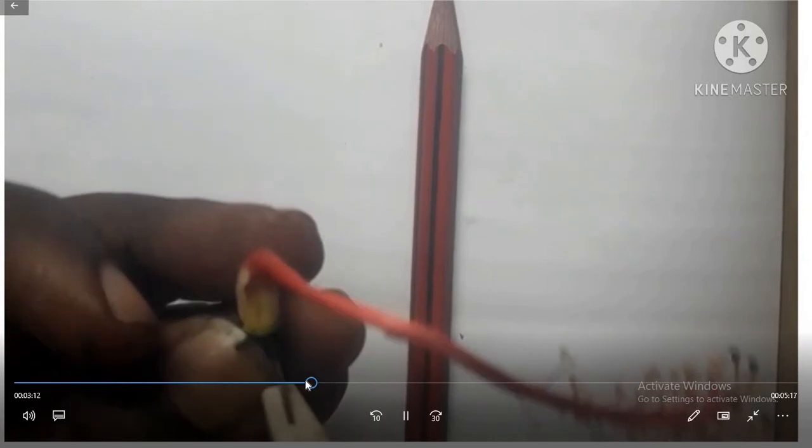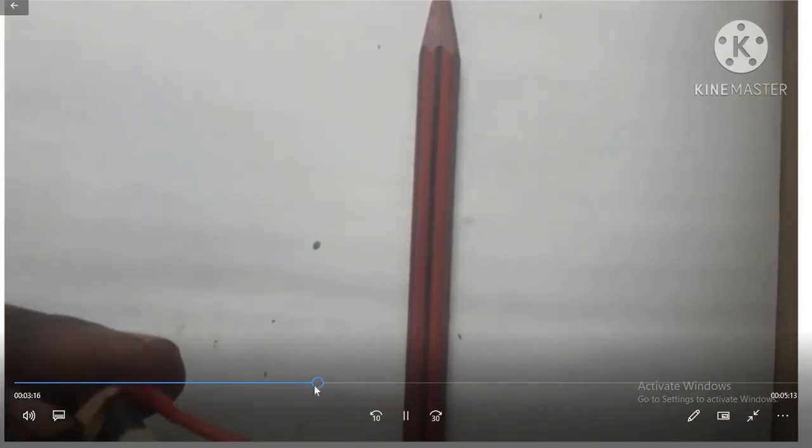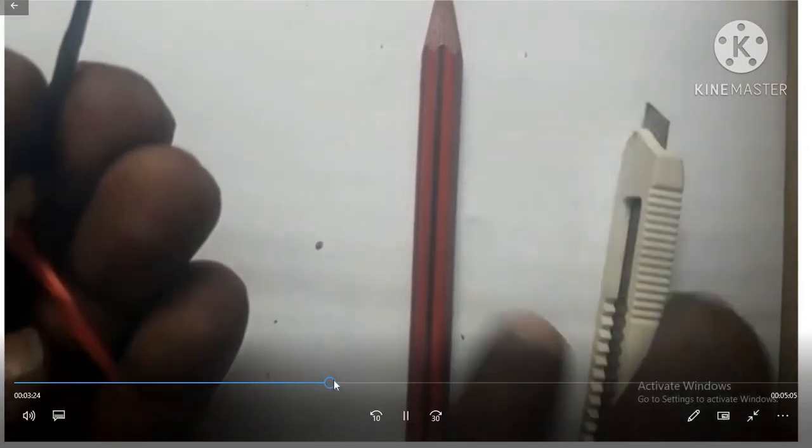Let me show you again. You can cut the ovary. Slit through it. And this is getting separated. So let me show you the style.